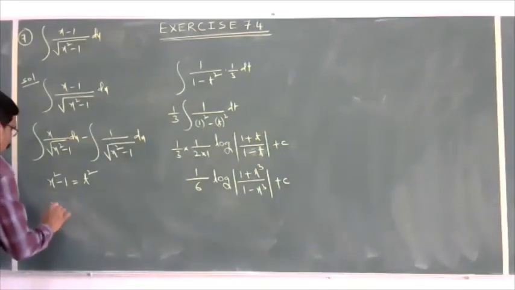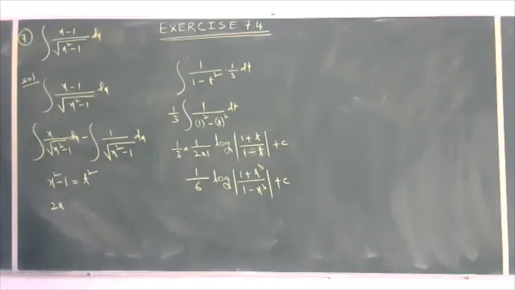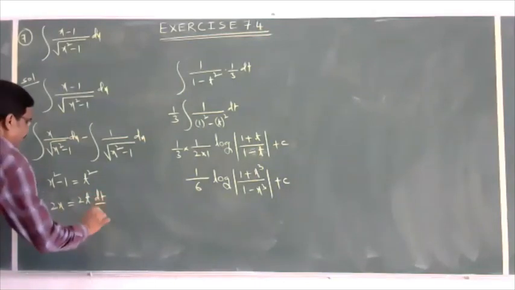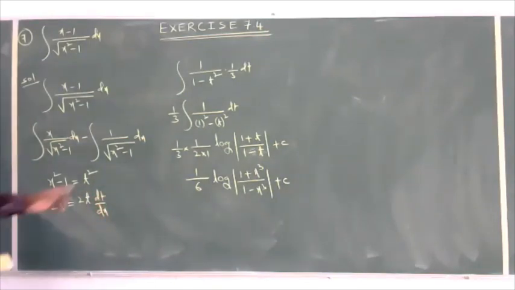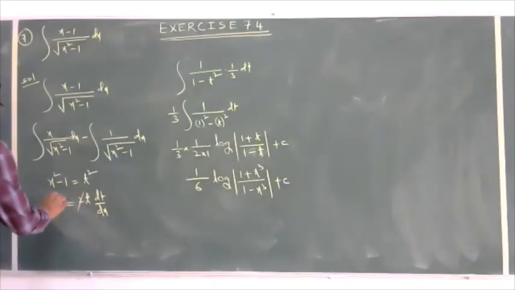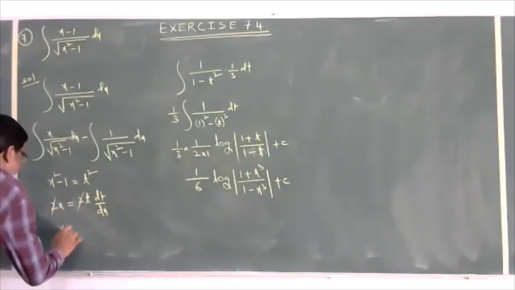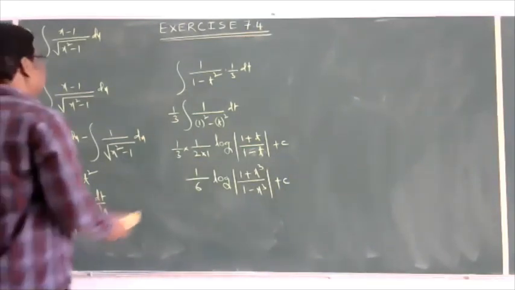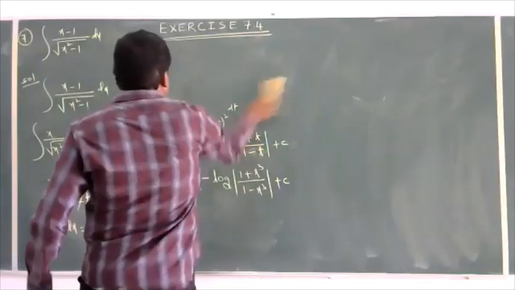Differentiating, 2x is equal to 2t into dt by dx, the 2 cancels. That is x dx is equal to t dt.